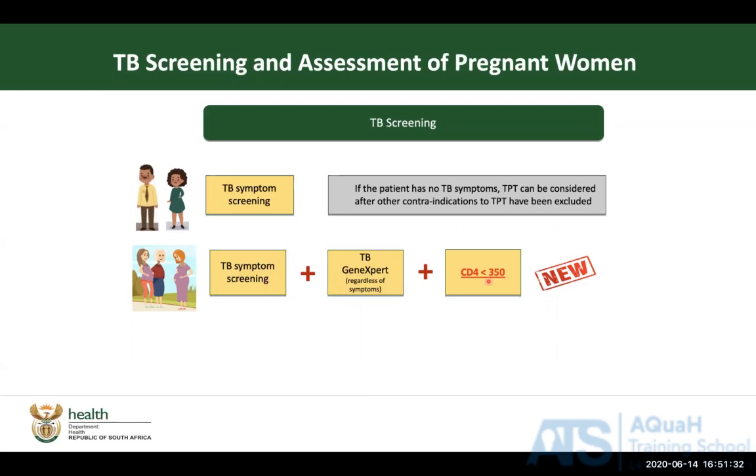If the CD4 count is less than 350, we should prioritize them for isoniazid prophylaxis therapy. Women who are HIV positive with a negative TB screen and a negative GeneXpert, where the CD4 count is higher than 350, are not eligible for isoniazid prophylaxis therapy.